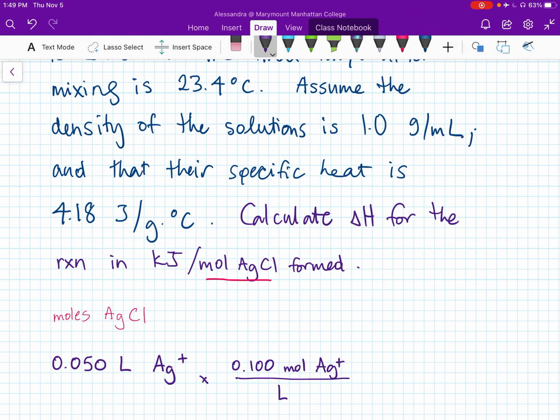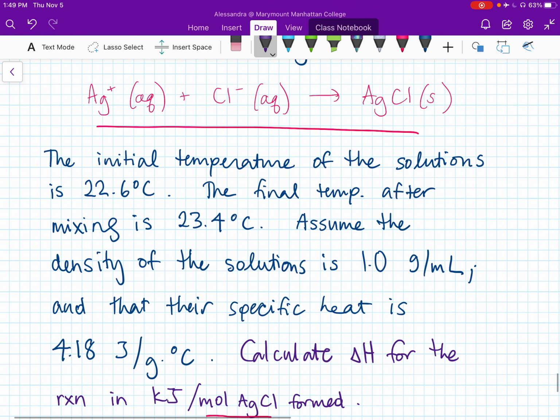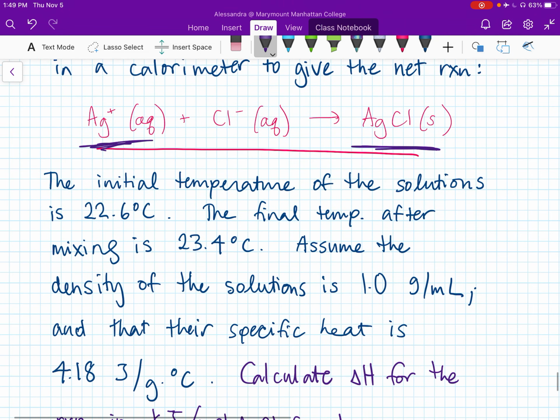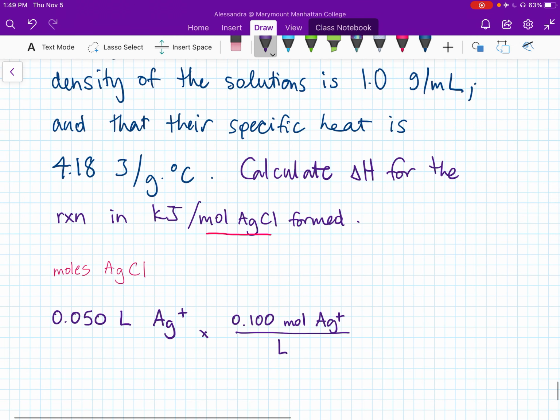Then I need to look at the balanced reaction. Okay, so if I have a certain molarity of this stuff, it's going to give me the same molarity of the solid because I have a 1-to-1 ratio in that balanced reaction. So I have 1 mole of silver chloride being precipitated for every mole of Ag plus ion that I'm adding.